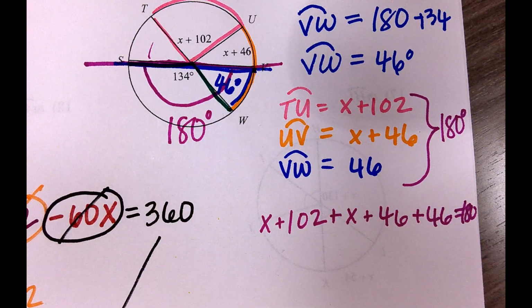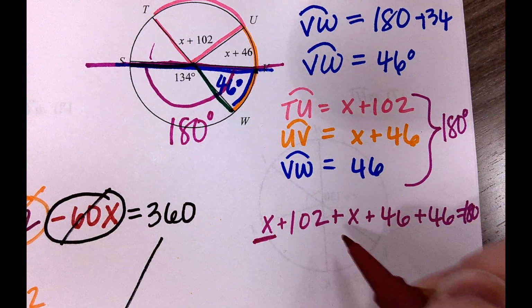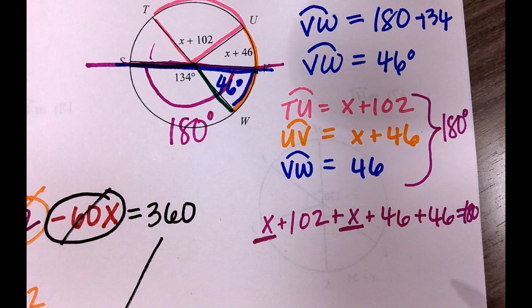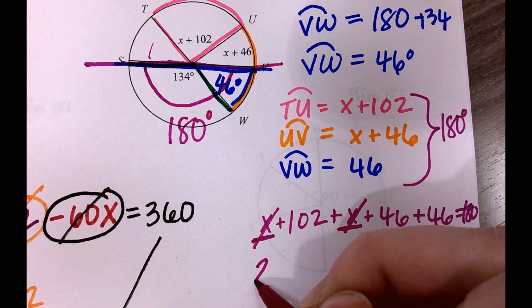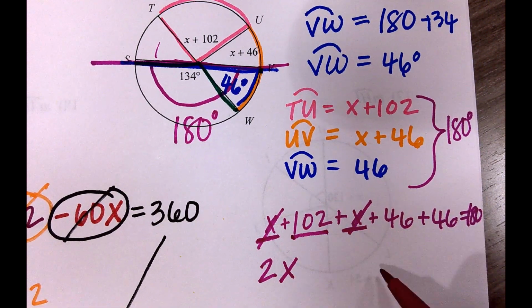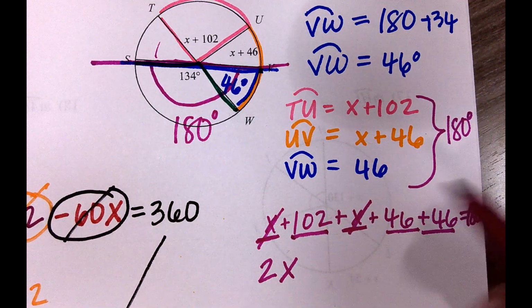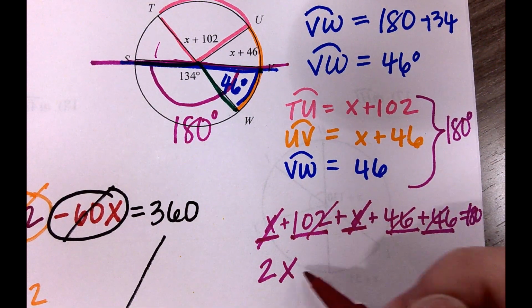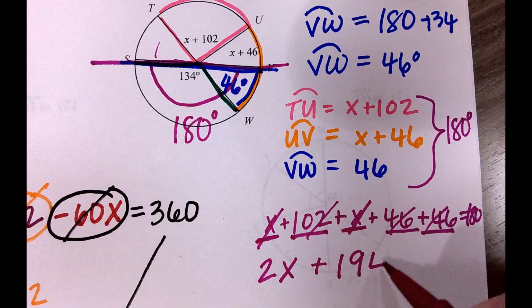Now that I have all of my values in an equation, where should we go from here? I've got an x, I've got another x, and that's it. 2x. And 102 plus 46 plus 46. When you add 102, 46, and 46, you get 194.